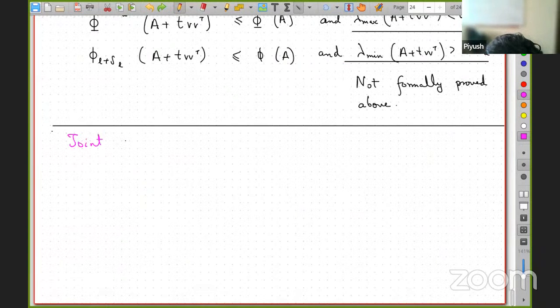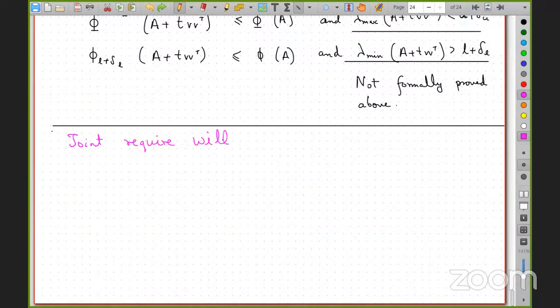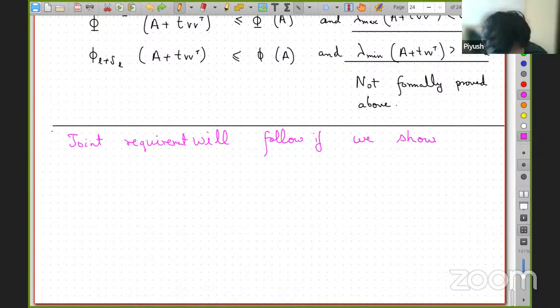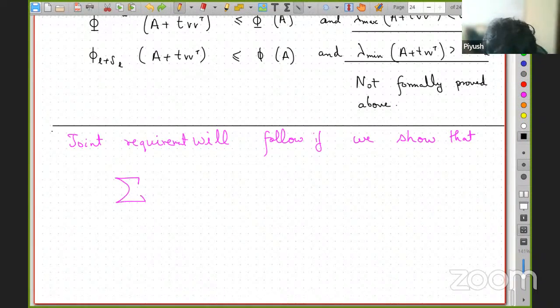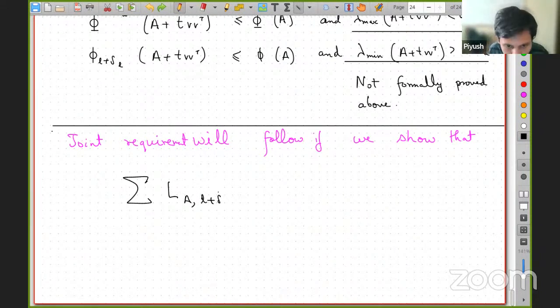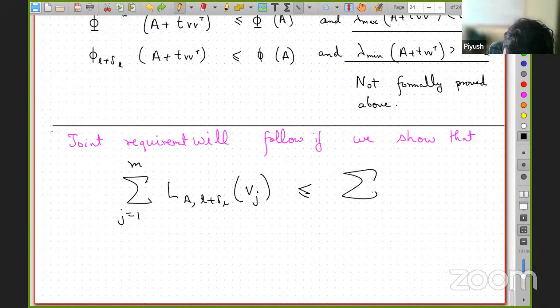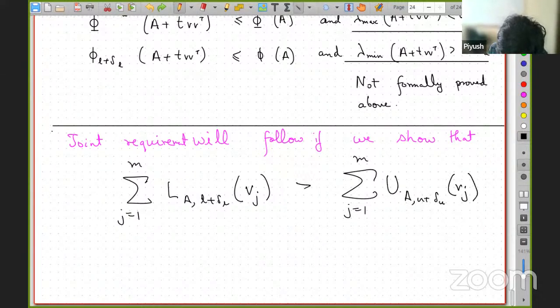The joint requirement will follow if we show that the sum over j from 1 to n of the lower barrier L at A plus delta L is less than the sum of the upper barrier U at A plus delta U, because then you just choose the vector.